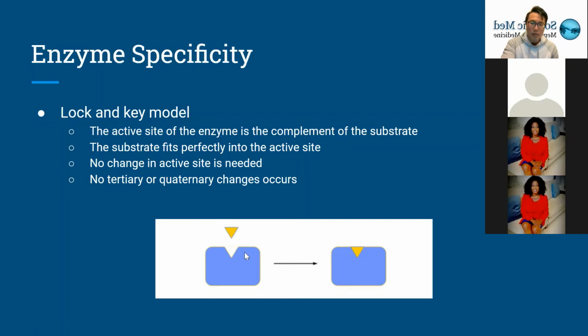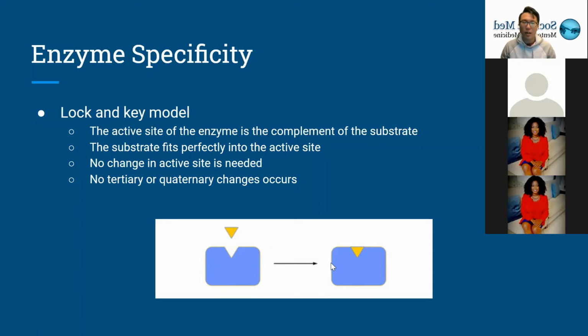As you can see in the diagram below, the orange triangle is representative of the substrate, and the blue is the enzyme. So the substrate fits perfectly into this V-shaped groove, which is representative of the active site, to form this enzyme substrate complex. No tertiary or quaternary change is needed in order to complete the reaction.